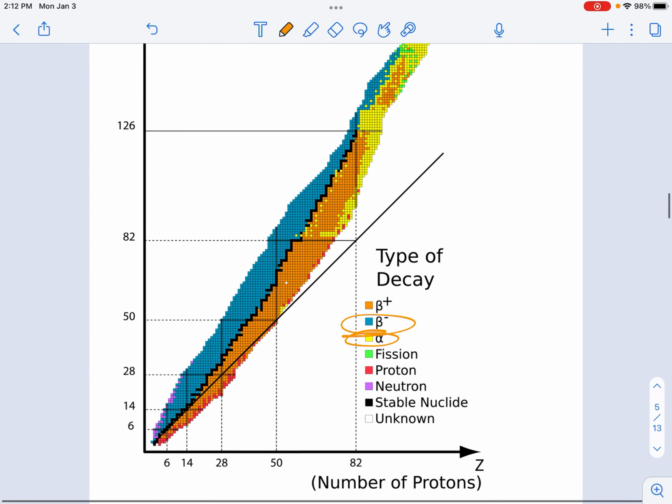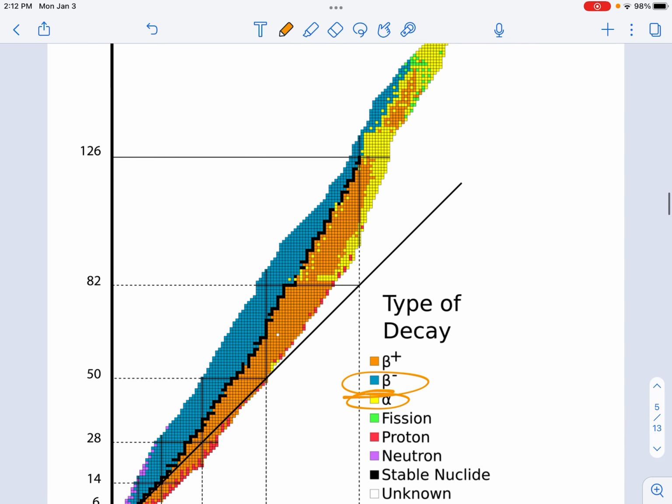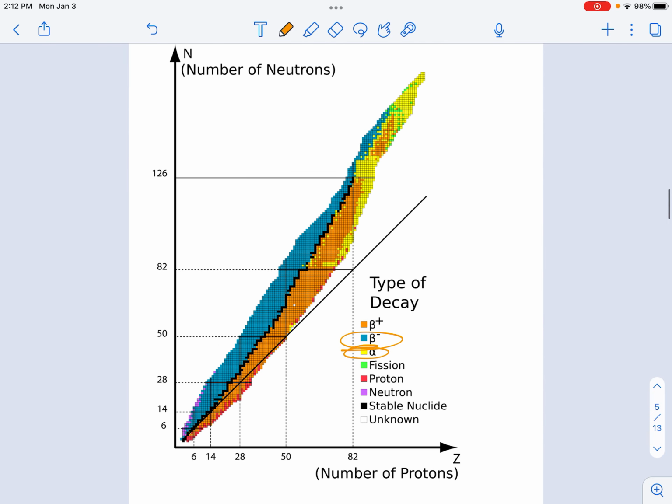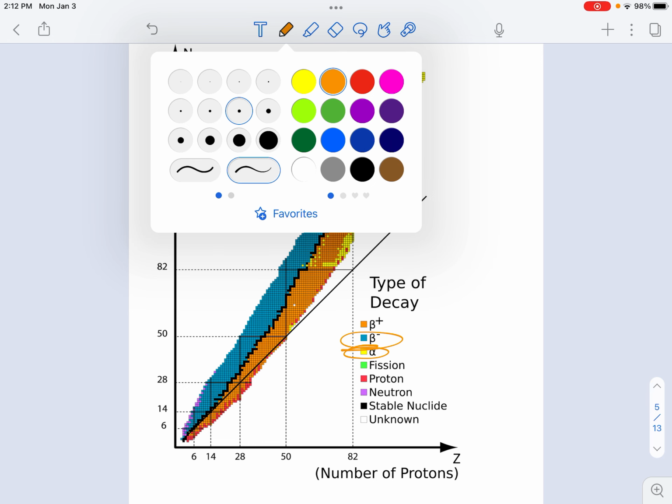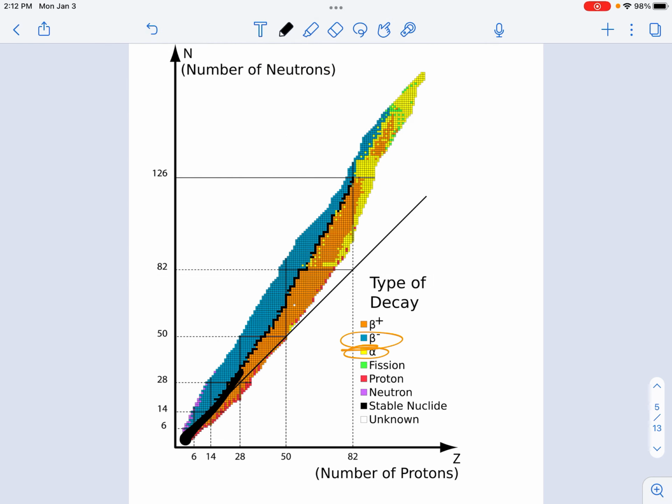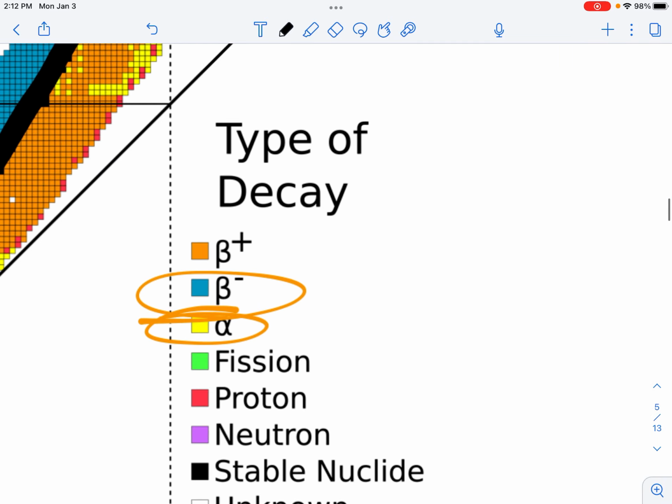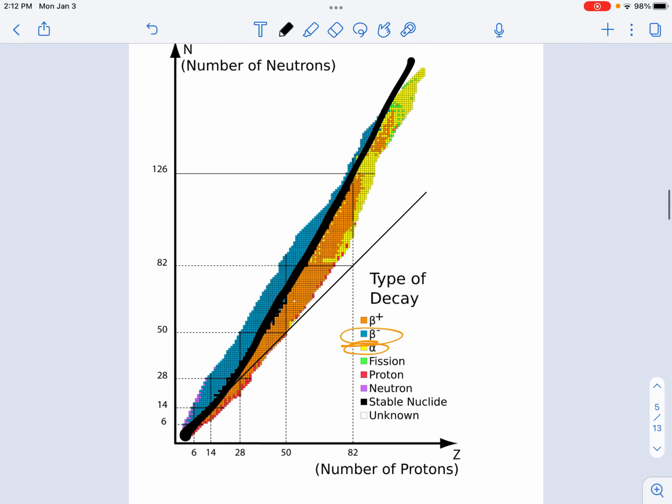So when we look at the alpha, which is the yellow, that tends to be, if we looked at this in a very simplistic way, and if we looked at this line here as our divider line. If you are looking at alpha, those are the yellow ones. And if you look at the beta negatives there, those are the blue ones.